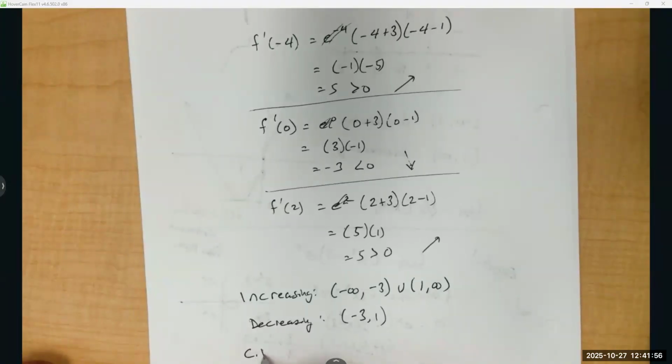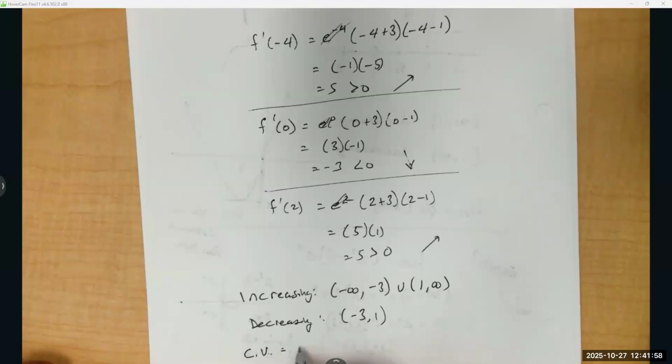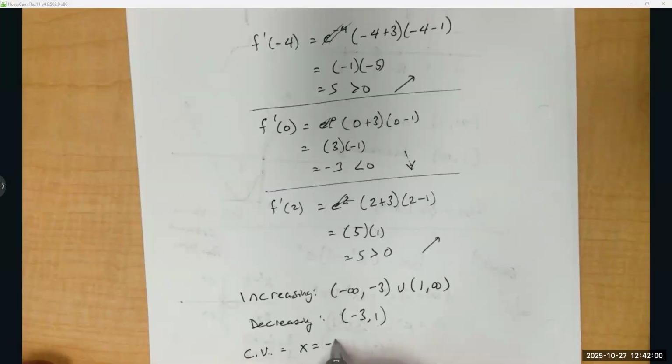The critical values, or critical points, what they're looking for, are at x equals -3 and 1. That's what I was looking for. Find the function's local and absolute extreme values.